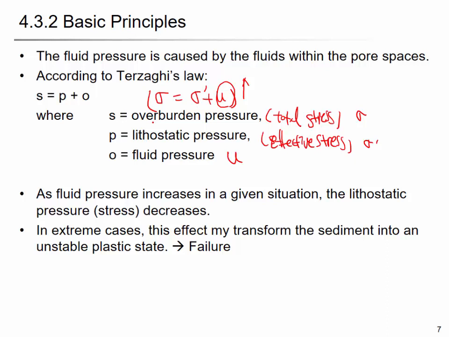And the lithostatic pressure, which is effective stress, is unmeasurable. You cannot measure it. It is very difficult to measure. So people can only calculate it from these two factors. This is kind of a conceptual value, but it is very important in mechanics.